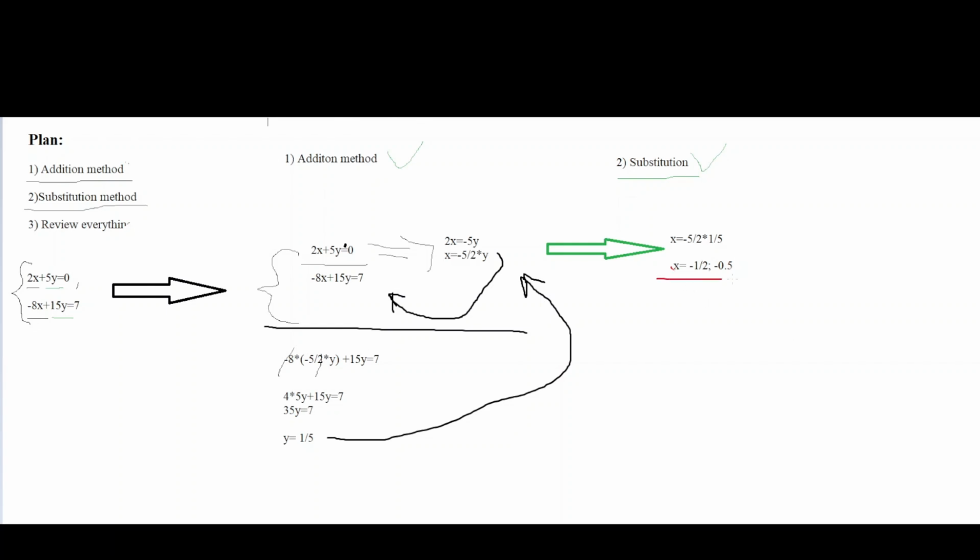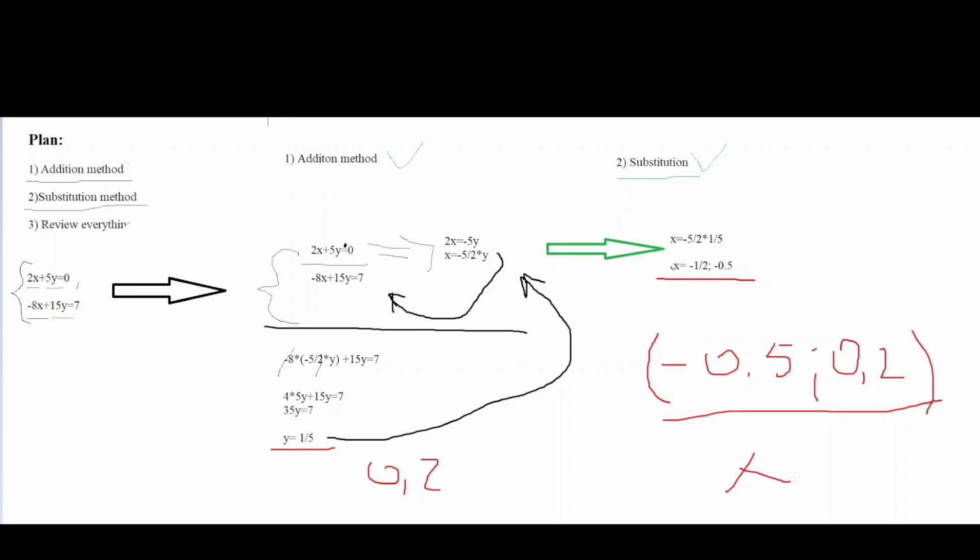We did it. x, y are the same: minus 0.5, and then 1 over 5, which we can simplify as 0.2. You can use your calculator, but minus 0.5 and minus 1 over 2 are generally the same answer. We can just write it in a different way.